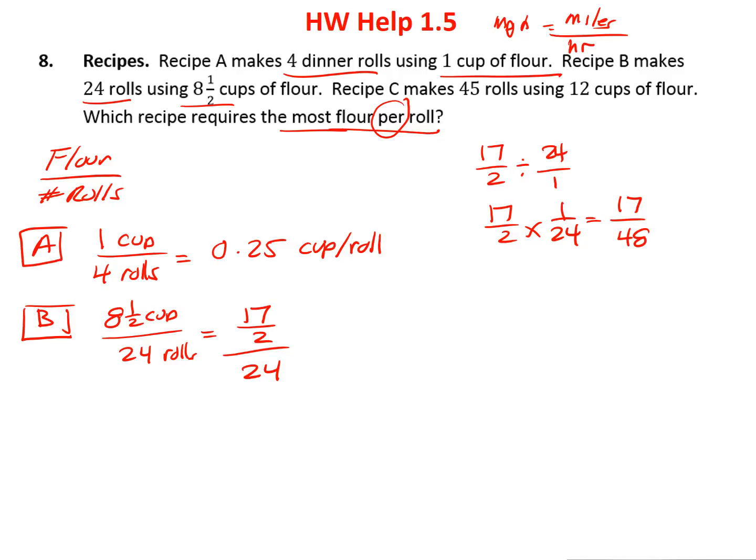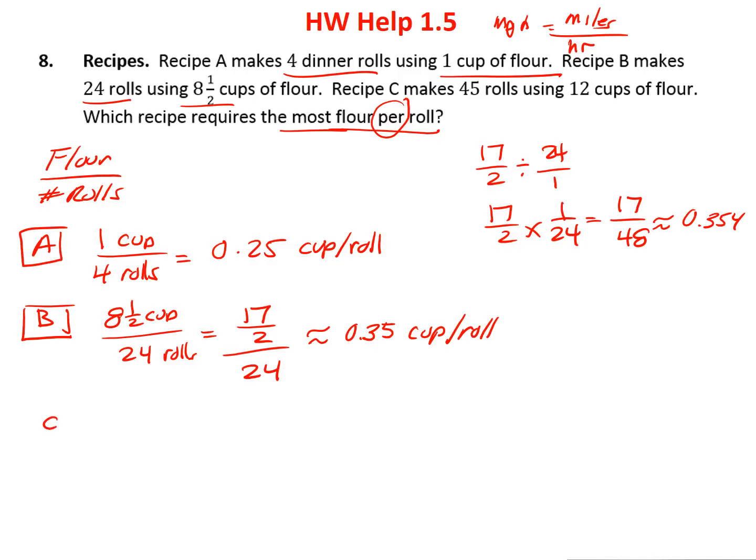And so if we, now I'll take out my calculator here, 17 divided by 48, and I get that that is about 0.354. So I'm going to put about 0.35 cups per roll. So I'm using more flour per roll, not just total, in recipe B.